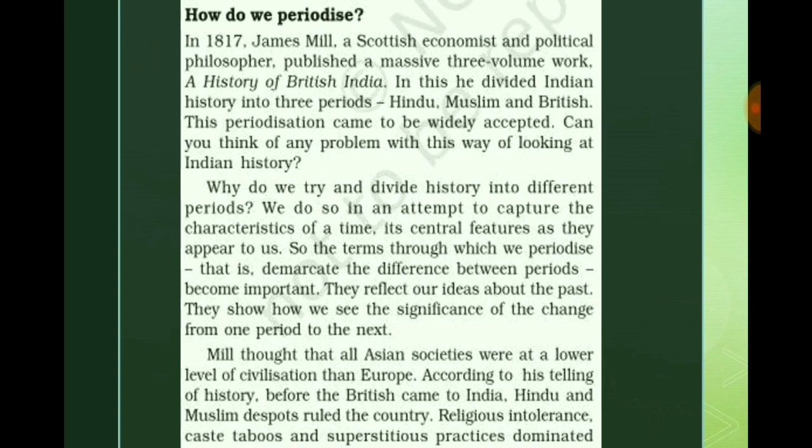According to this division, when we say that society is going from ancient to modern, that was not completely true, because the modern period is associated with British rule. And if you see, people did not have equality, freedom or liberty in the British time. There wasn't economic growth or progress either. That is why historians refer to the British period as a colonial period.